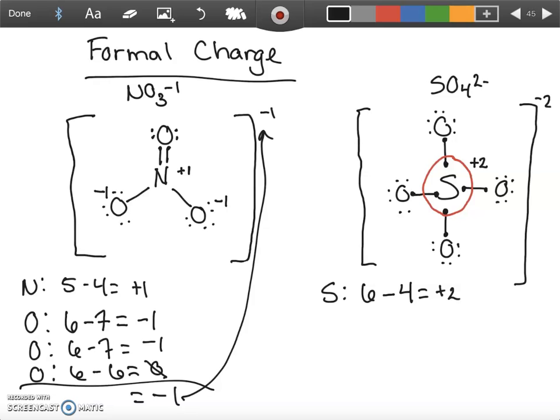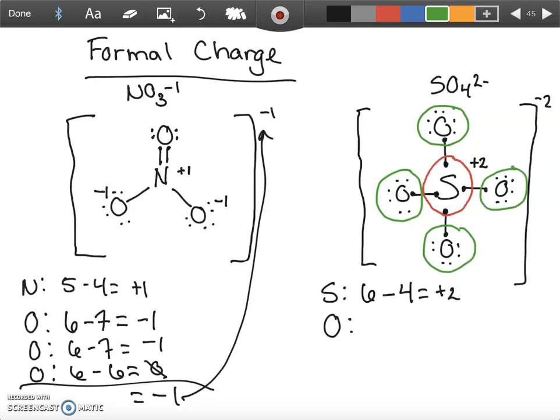Each of the oxygens are the same. We all know that oxygen usually has 6, but each one of these oxygens has 1, 2, 3, 4, 5, 6, 7. So let me show you that. 1, 2, 3, 4, 5, 6, 7. So 6 minus 7 is a -1 charge.